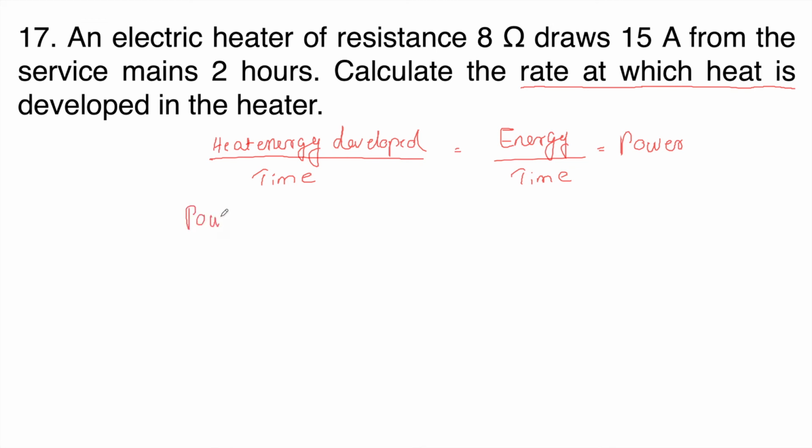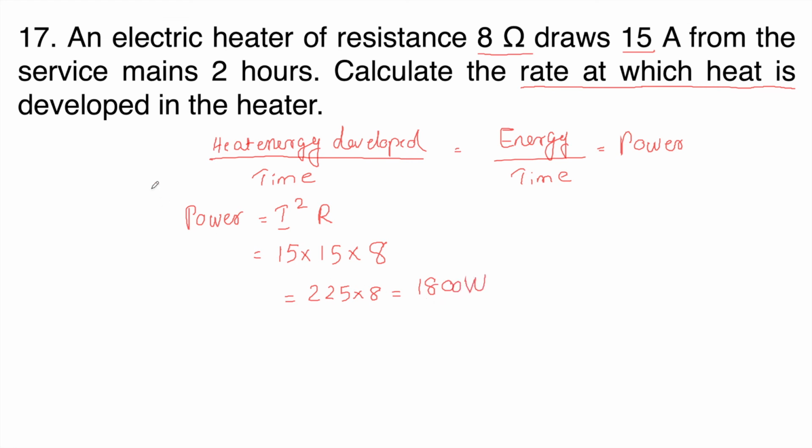For finding the power, which formula will we use here? Here current and resistance are given. Okay, so we can use the formula I square R. That means 15 into 15 into 8. That is 225 into 8 is equal to 1800 watt.